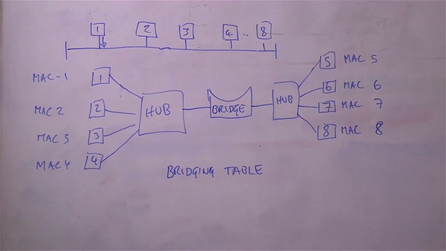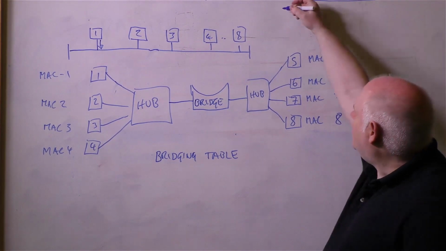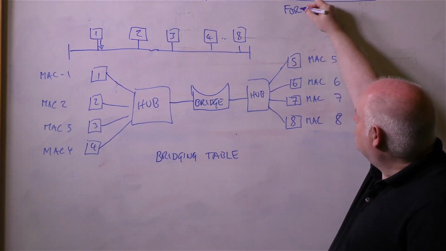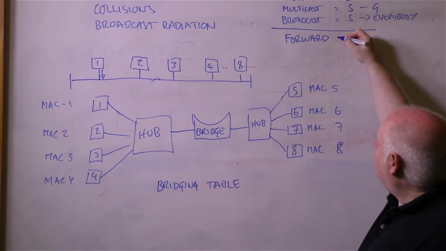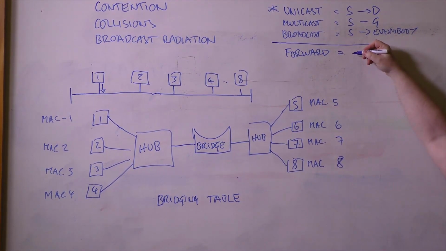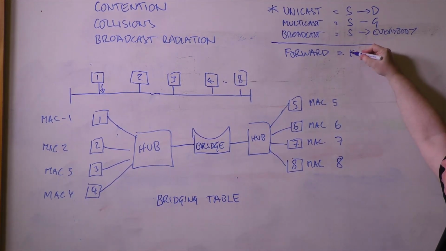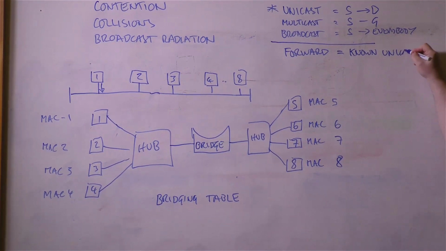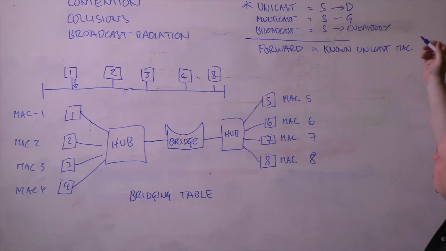The bridge has to follow 3 rules. It has 3 tasks. The first is it can forward a frame if it knows the destination MAC address it's going to. So I can forward if I have a known unicast MAC address, known unicast packet.